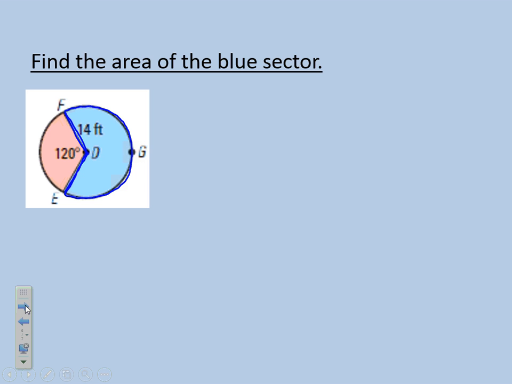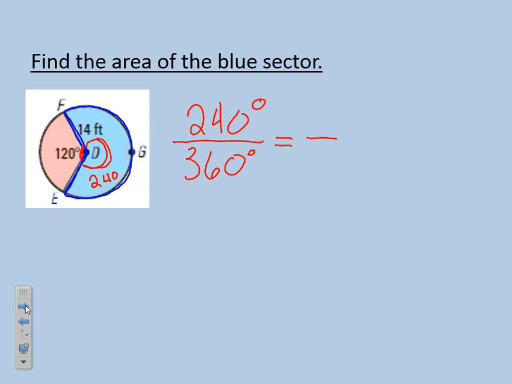We are going to set our degrees over 360. Now, if this side is 120, to find what we're going to put on top, we're going to take 360 minus 120. And on this side, since I want the blue side, this is 240. So we're going to have 240 degrees equals, we want to find the sector, so I'll put an X there, all over pi, my radius is 14 squared.